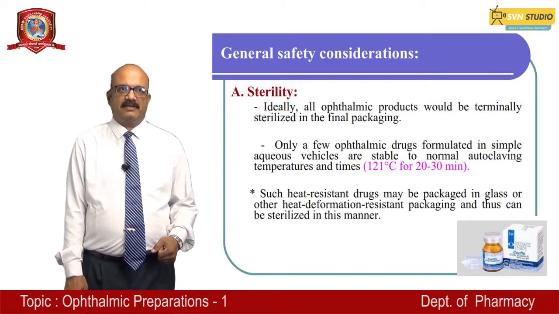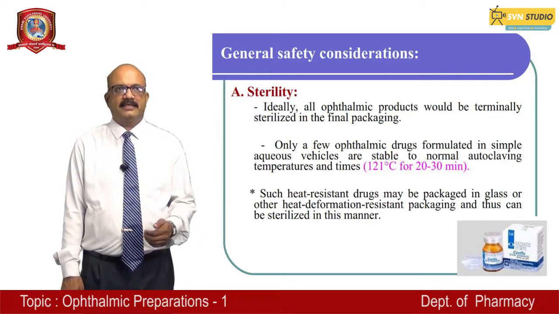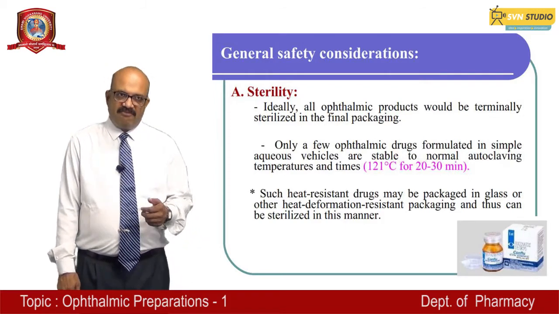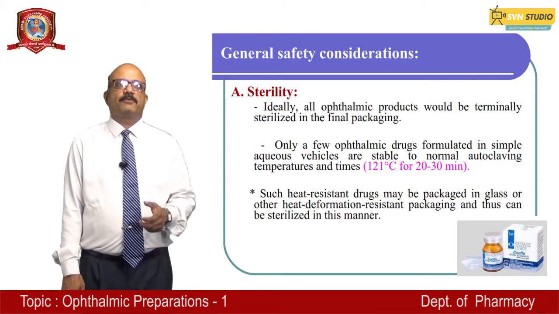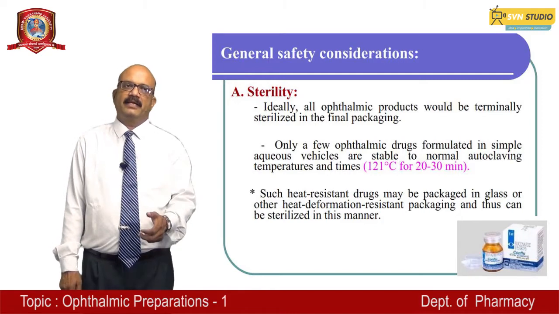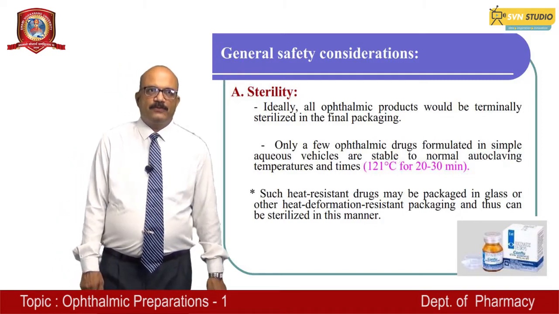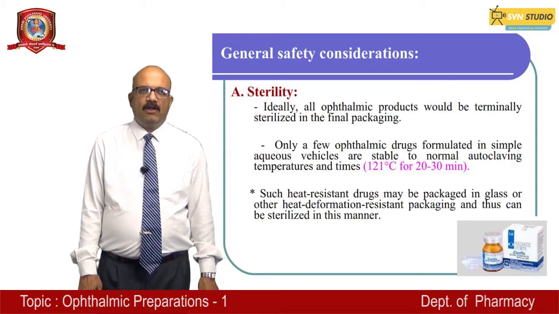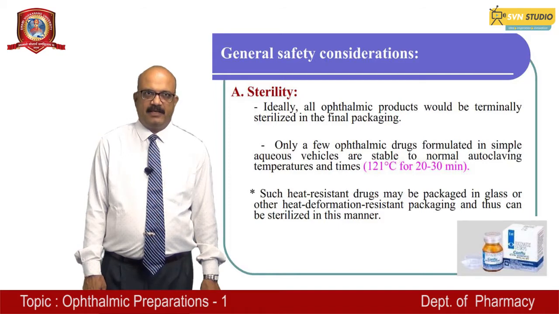Otherwise, if it is not passing, or if it is coming at the borderline, in that condition there may be chances that before the completion of the shelf life, your product may be contaminated, may be affected, may develop microbial growth. Ideally all ophthalmic products would be terminally sterilized in the final packaging.